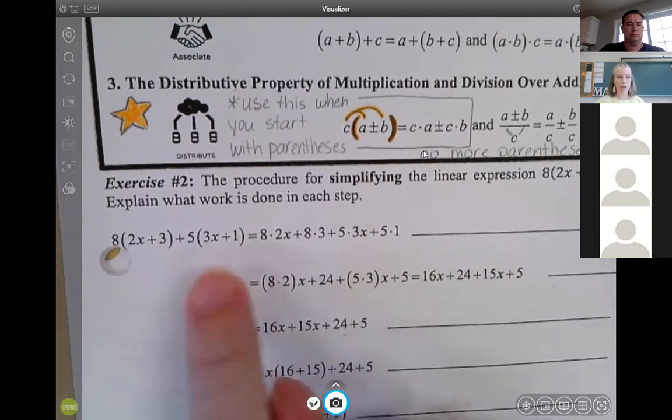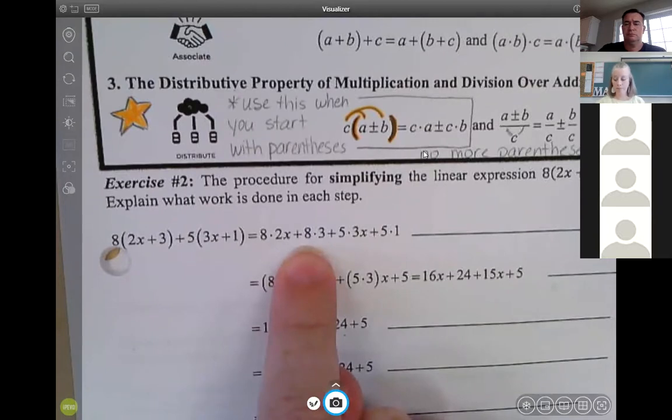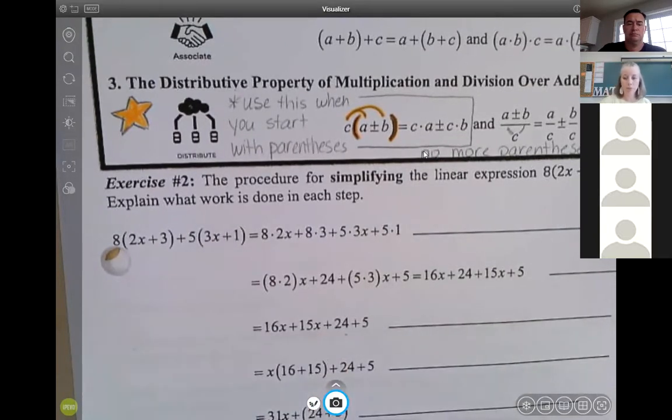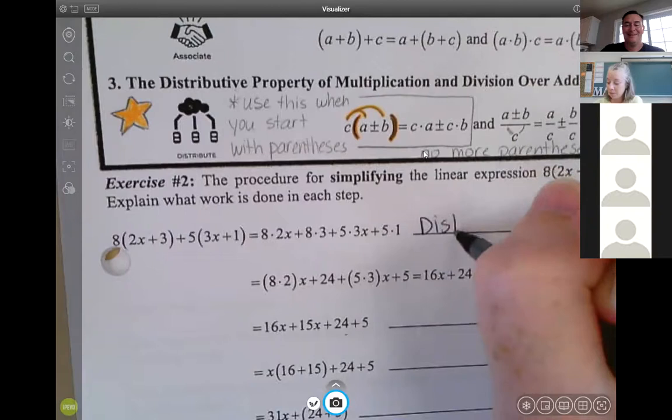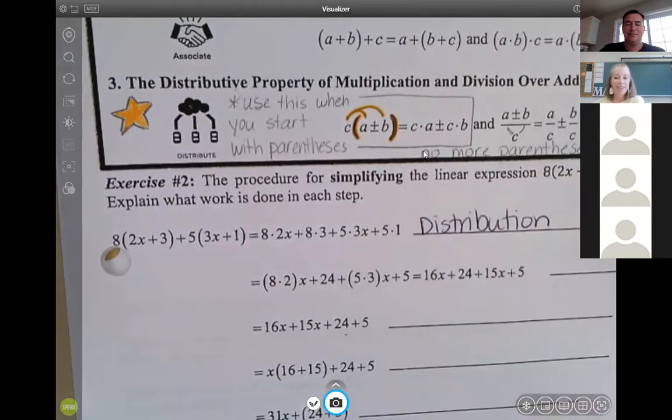What happened from here to here? Anybody? Somebody. Okay, this is distribution that just happened here. It's so quiet, guys.